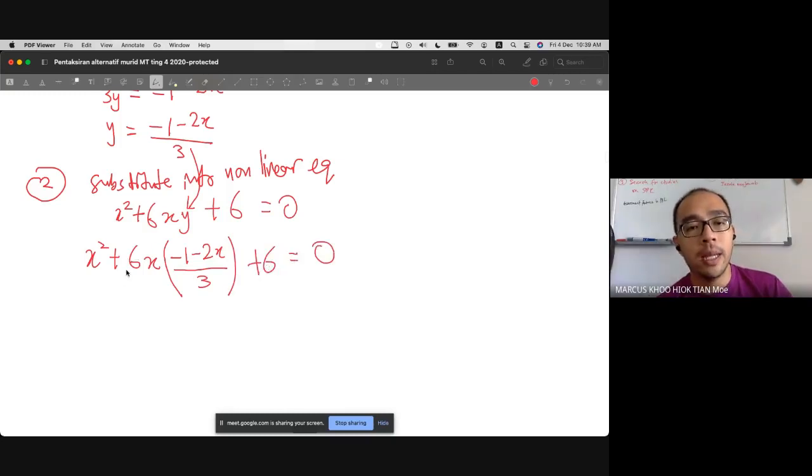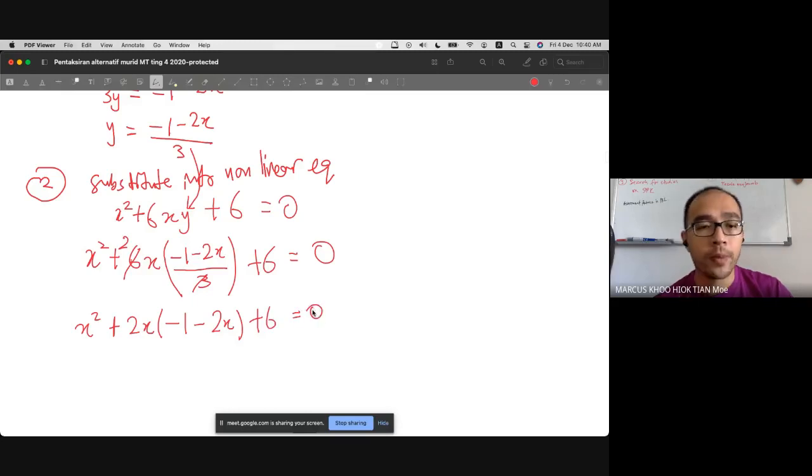Okay, now, so the good news over here is this 3 and this 6 you can simplify. Okay, you can get it lah. So you get x squared plus 2x multiplied by negative 1 minus 2x plus 6 equals to 0.